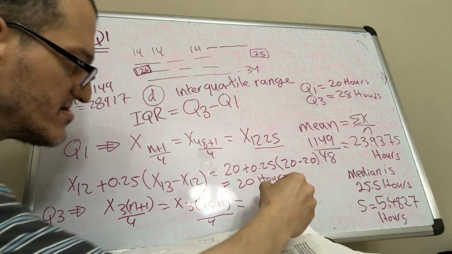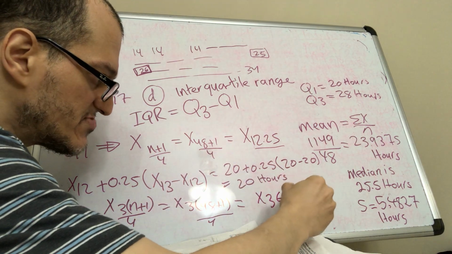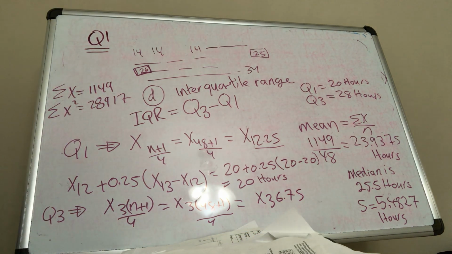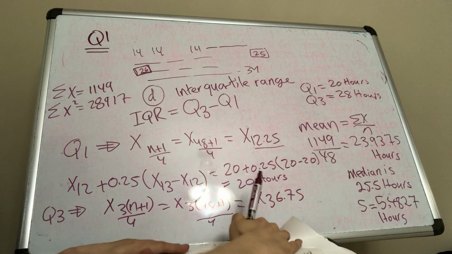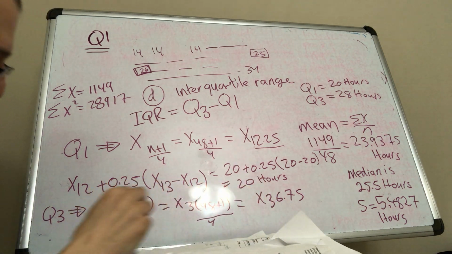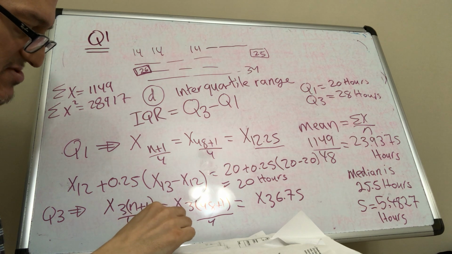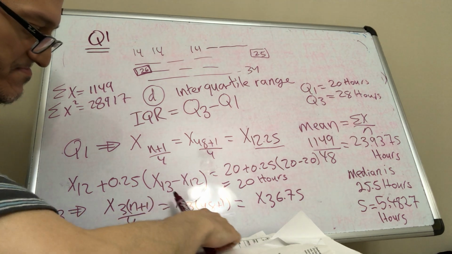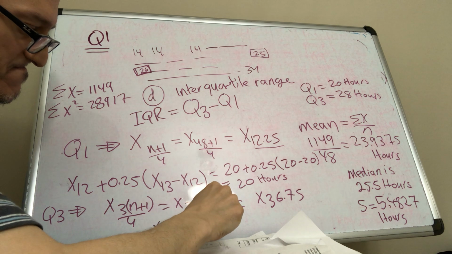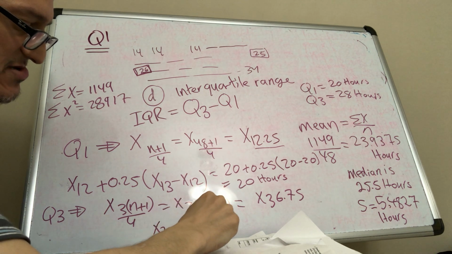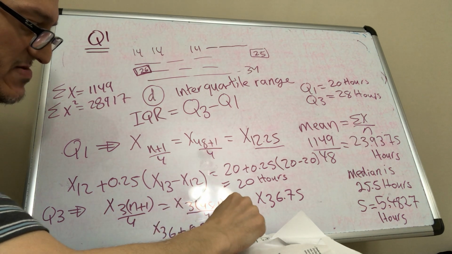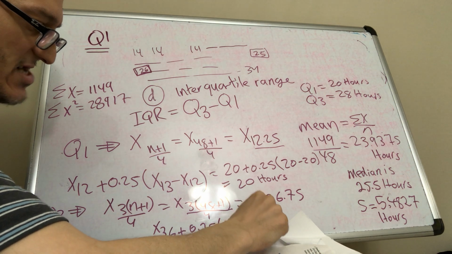That would be the number that's in the 36.75 position. And similar to the one we did, you take the 36 number, you add 75% of the number and the one that comes after.